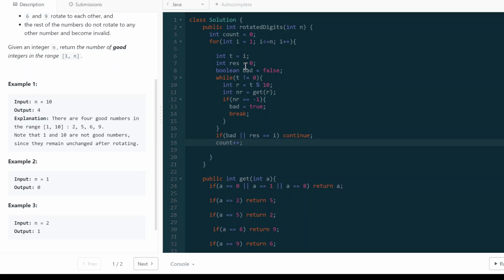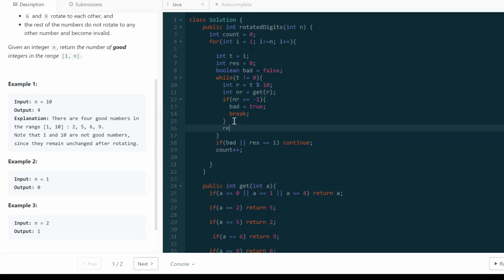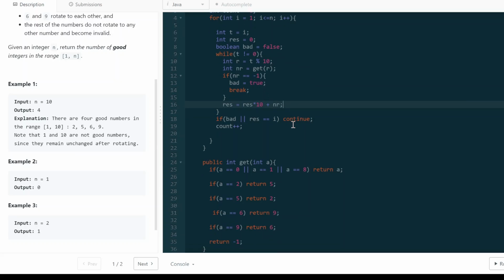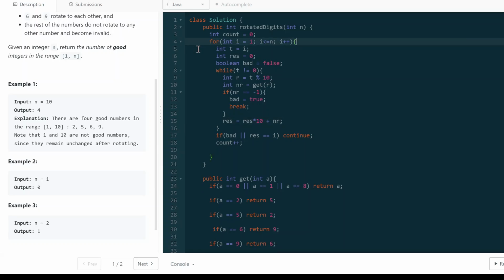And what else? Okay, now I also have to build this number, right? So after this loop, I'm gonna say result equals result times 10 plus nr. And I think this is it.